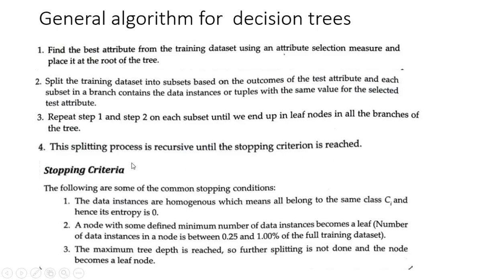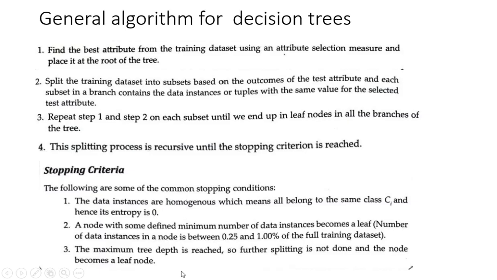The stopping criteria for your decision tree is finally either you will come up with nodes which all belong to the same class. That means finally you will have entropy as 0. Or the second case is a node with some defined minimum number of data instances. Suppose I have decided this is the number of leaf nodes I am going to have, I am just going to have 4 leaf nodes, so you can stop there. Or the third one is the maximum tree depth is reached. You define the depth of the tree that you are going to have, and once you decide that, you can stop the splitting.